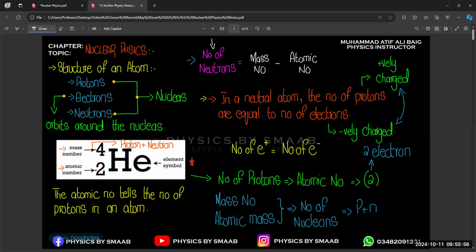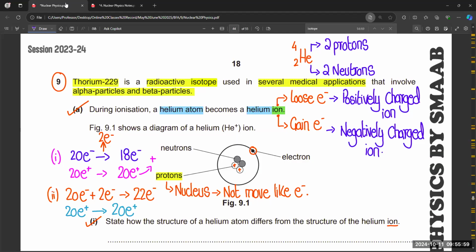Okay. Now we have ions. And it is mentioned a helium atom becomes a helium ion. Okay. And the helium ion is given in the diagram. So in this diagram, you can see there are two protons. It means that definitely there are two electrons around the nucleus.